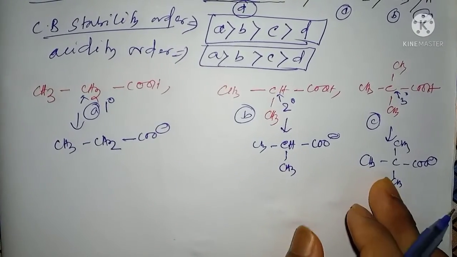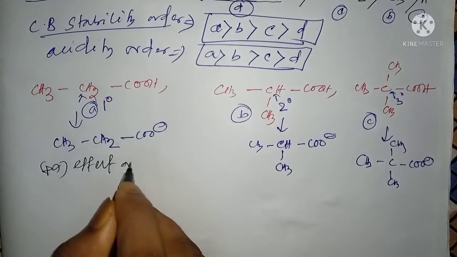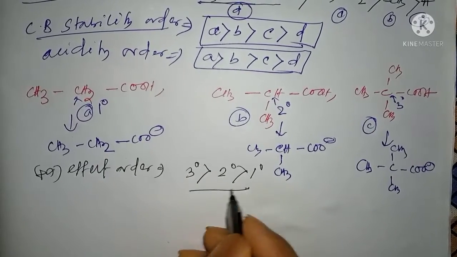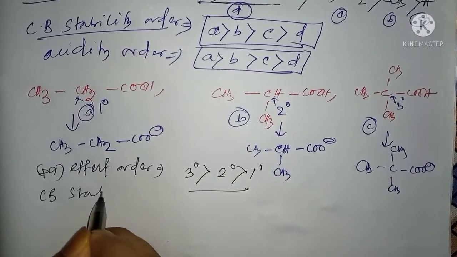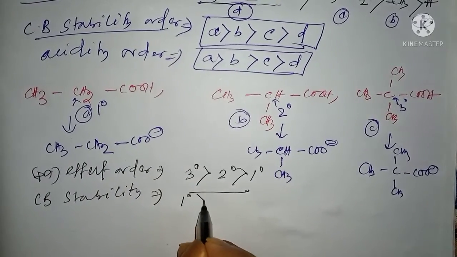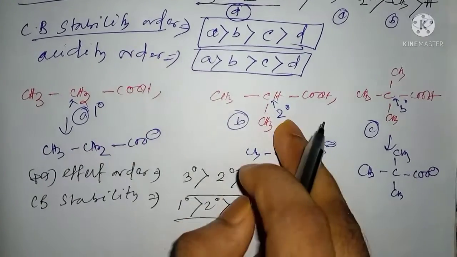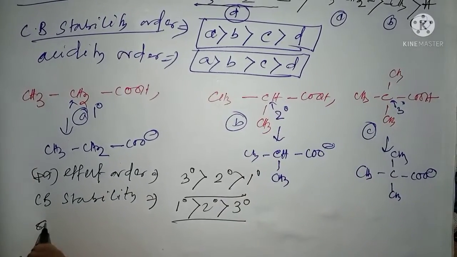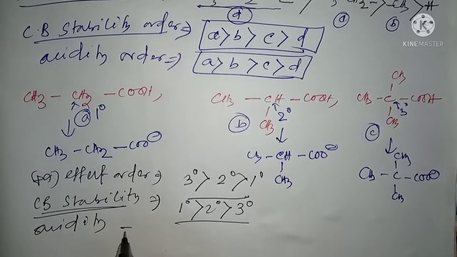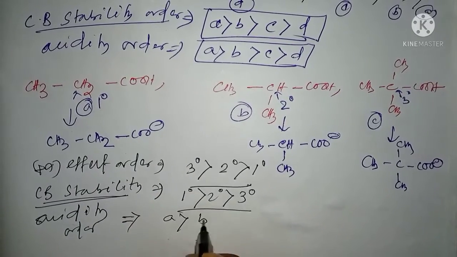All are plus I effect. The plus I effect order is 3 degree greater than 2 degree greater than 1 degree. Conjugate base stability is the reverse, so 1 degree greater than 2 degree greater than 3 degree. Acidity is directly proportional to conjugate base stability, so the acidity order is A greater than B greater than C.